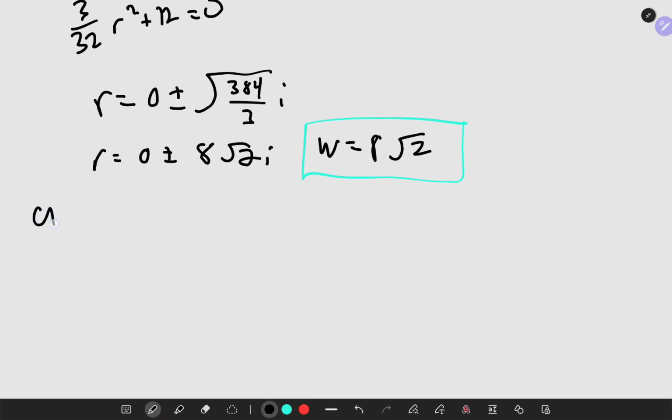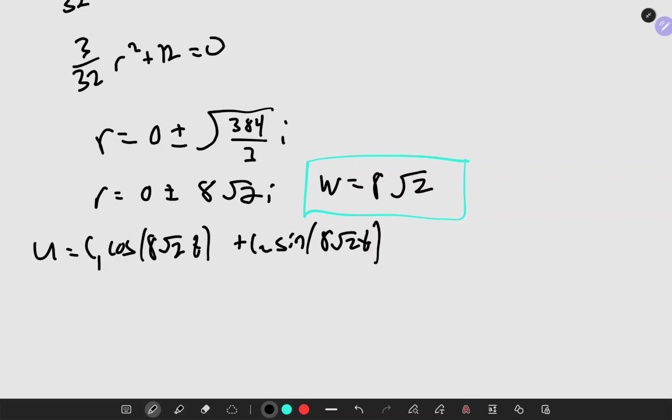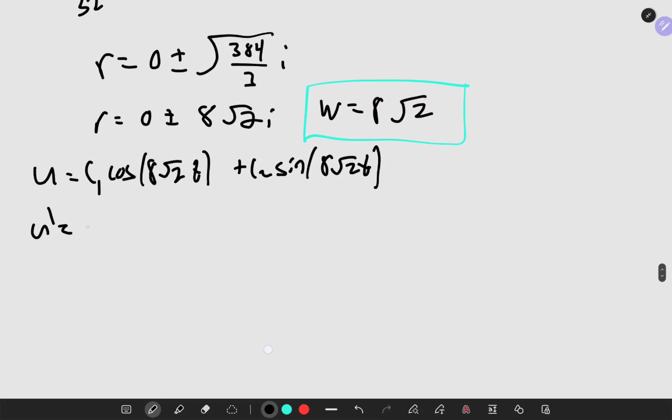Now, let's find our position at any time t. All we're going to do is propose our general solution for complex roots. e to the 0 t is 1. c1 cosine 8 root 2 t plus c2 sine 8 root 2 t. Solve for c1, c2, take the first derivative.